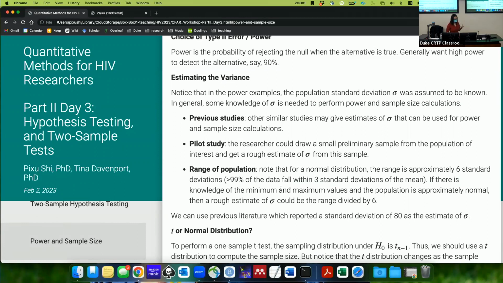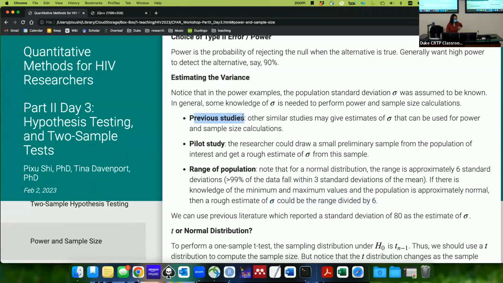This is just a rough estimate, because in many distributions that are very similar to normal, if you do a data generation, the range of the normal distribution sample will roughly be 6 times your standard error. So that's why this is also something that you can use for your sigma plugin.